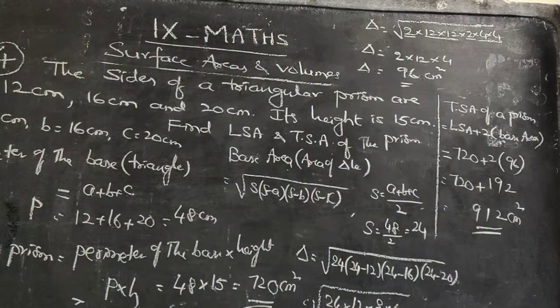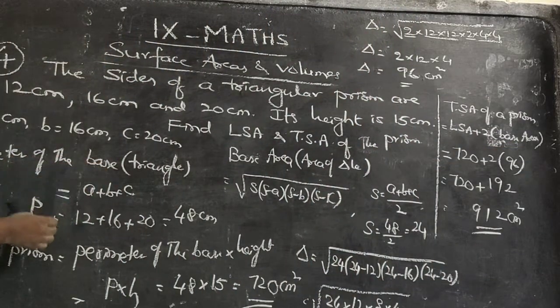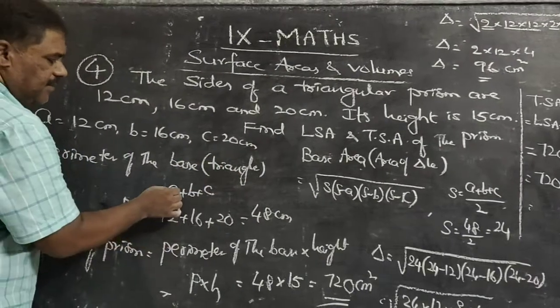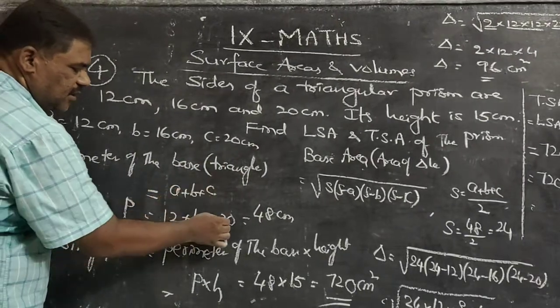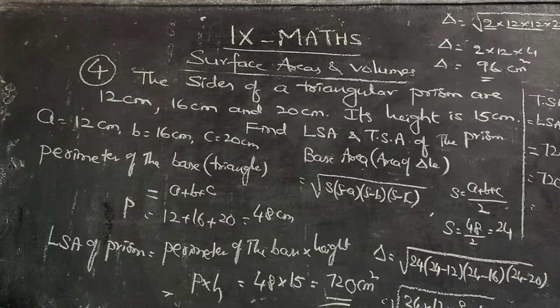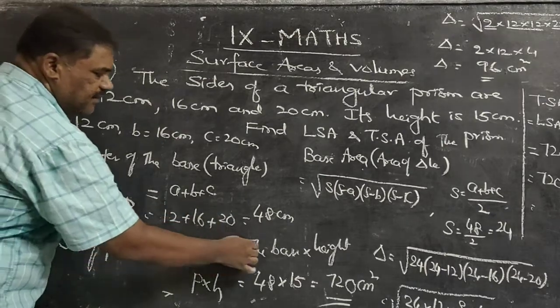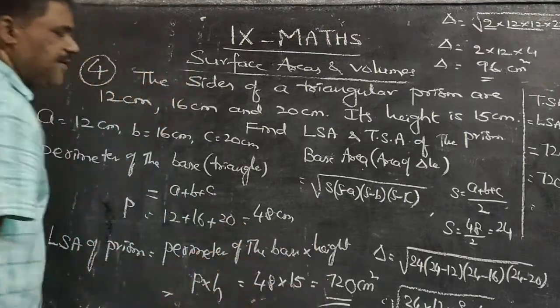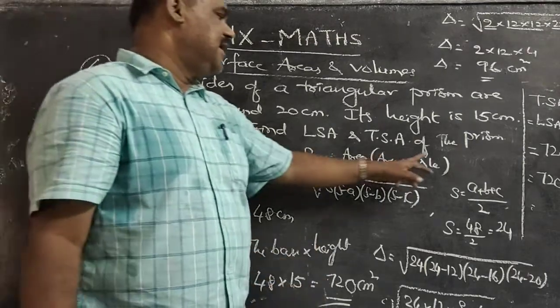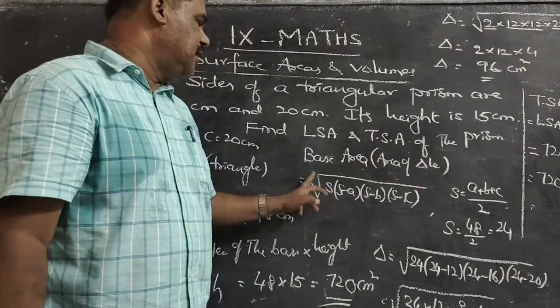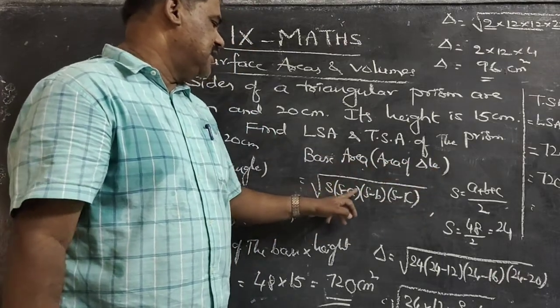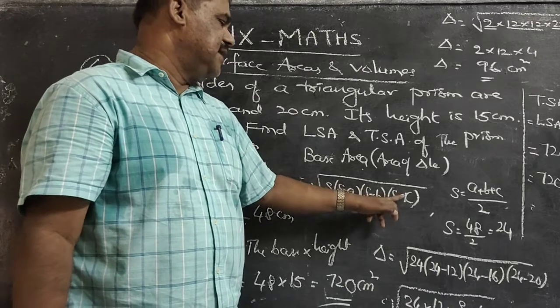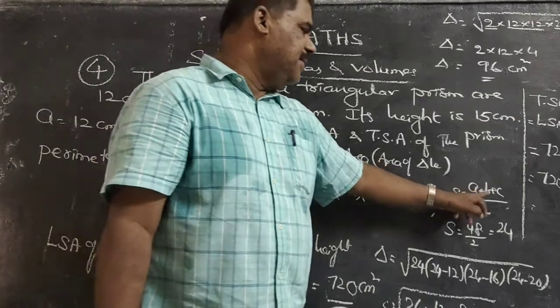So first what we will do is perimeter of the base we will find out, perimeter of the triangle. Perimeter means sum of the three sides, so we got 48. After getting perimeter, LSA of the prism means perimeter of the base into height. So P into H, we got 720. Now base area means area of the triangle. Area of the triangle formula is root of s into s minus a into s minus b into s minus c, where s is called semi-perimeter.